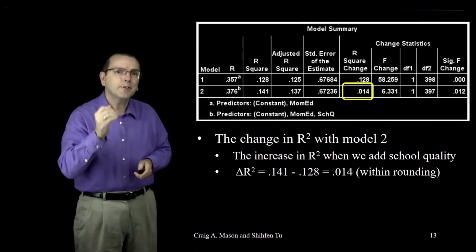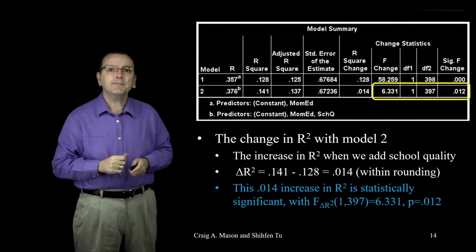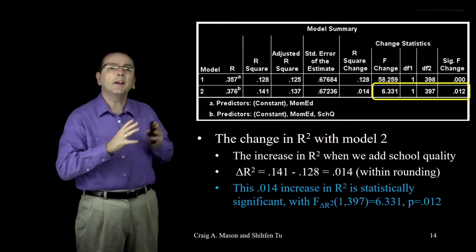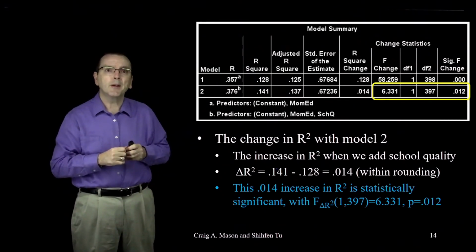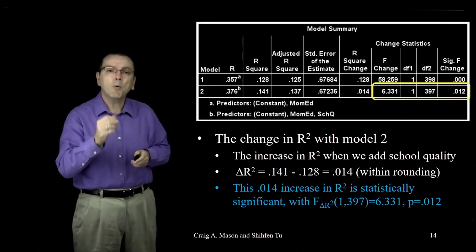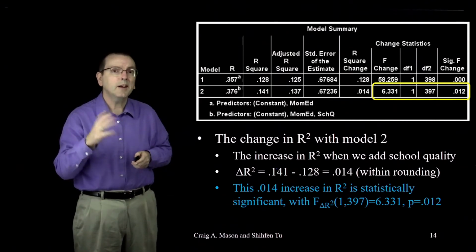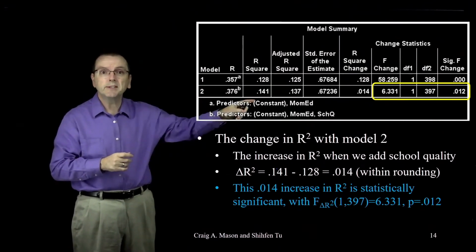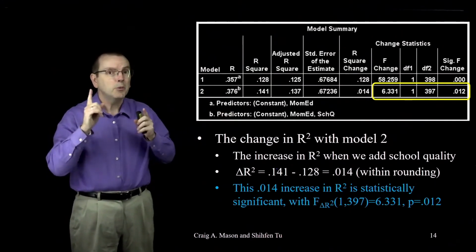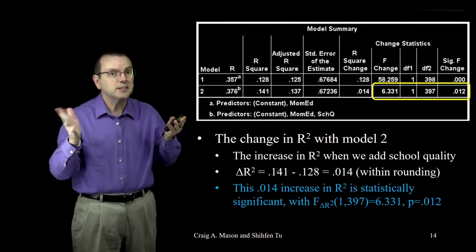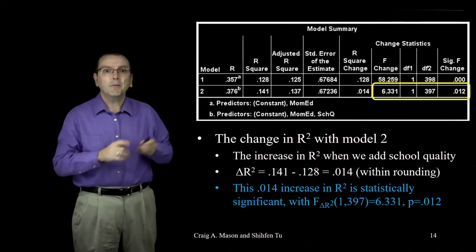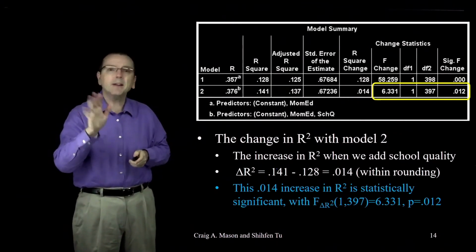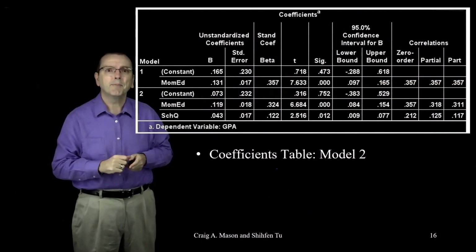That's what our F change test does. We see that our F with 1 and 397 degrees of freedom is equal to 6.331, and our p-value for this change in R-squared is equal to 0.012, which means it is statistically significant. Now, remember these values because we'll come back to them in just a minute.